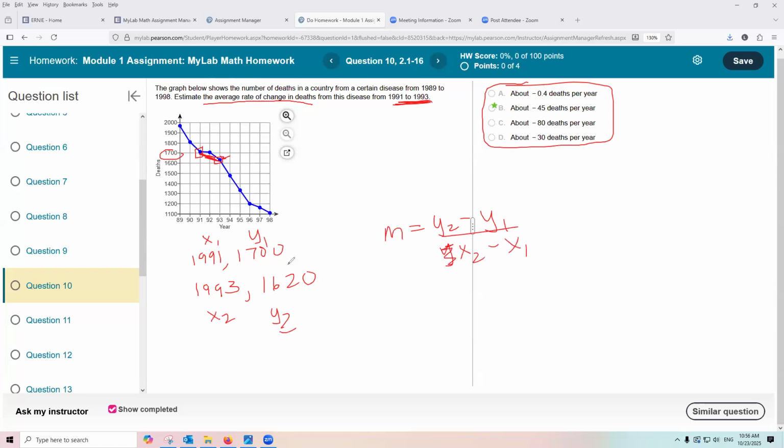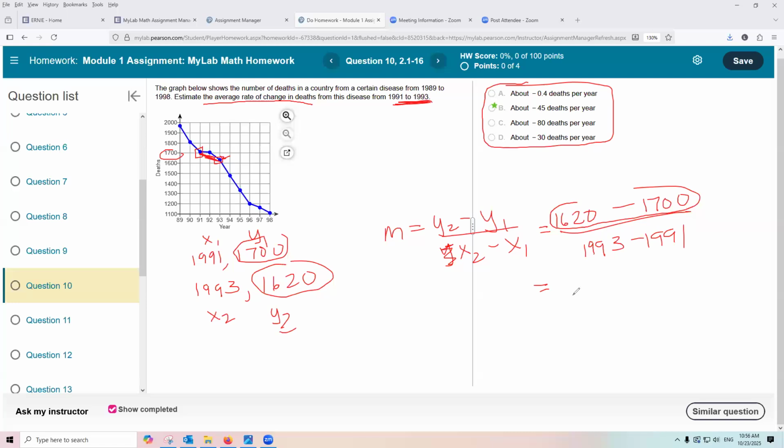So let me plug in. Our y sub 2 is 1620 minus y sub 1, which is 1700, over 1993 minus 1991. So it looks like this is negative 80 on top over 2 on the bottom, so negative 40.